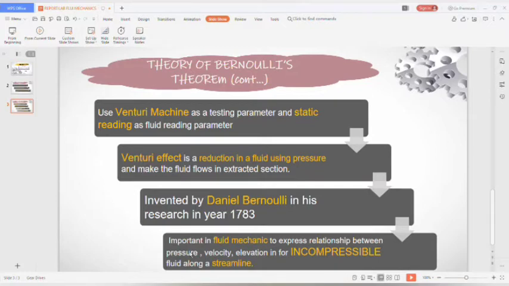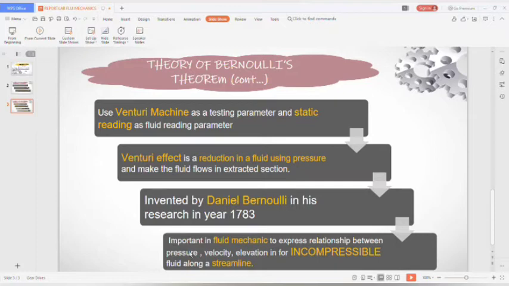Lastly, why is the Bernoulli theorem important? It is important because in our fluid mechanics course, the Bernoulli theorem is used to express the relationship between pressure, velocity, elevation, and friction in a fluid, for the exceptional state of liquid, that is incompressible fluid along a streamline.